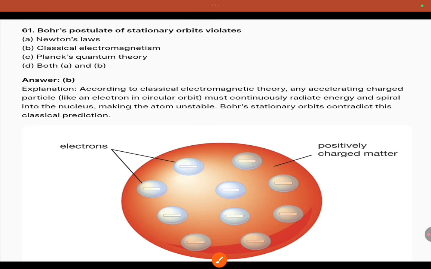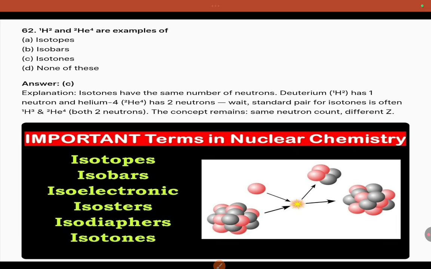Bohr's stationary orbits contradict this classical prediction. But here he proposed stationary orbits. So that is the reason it failed.